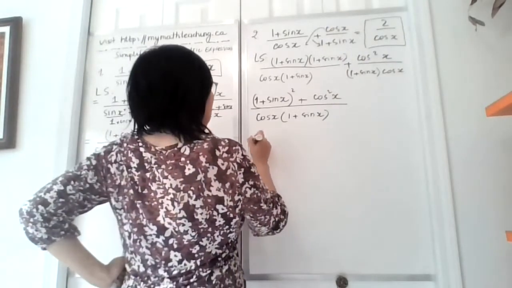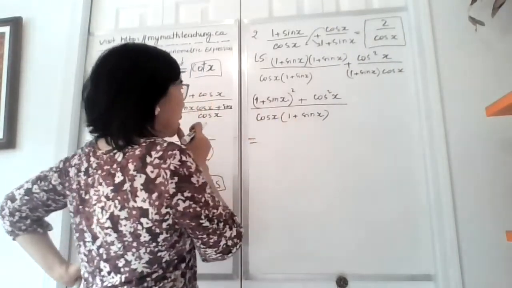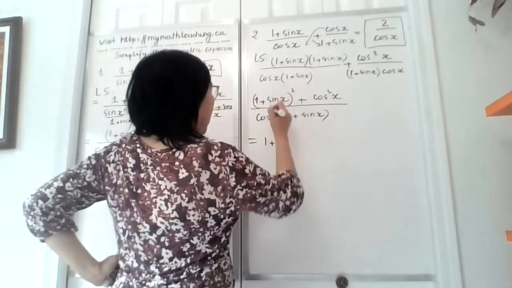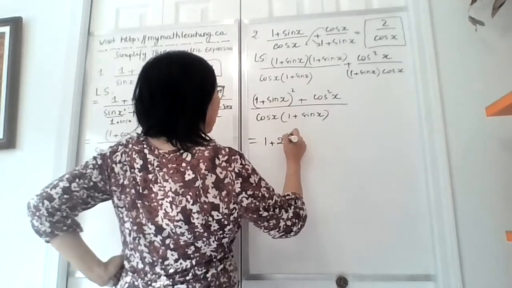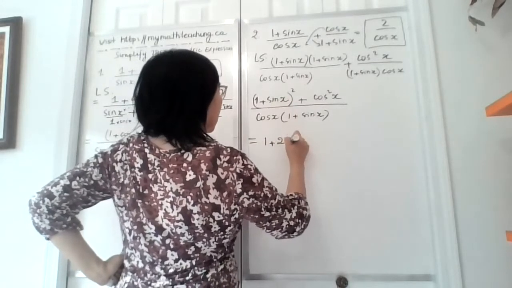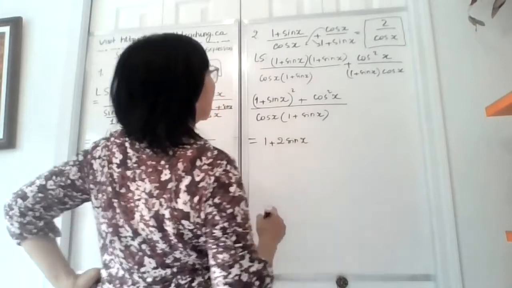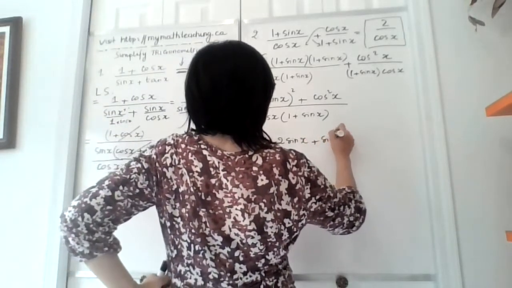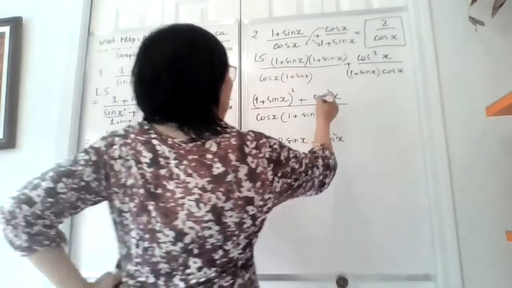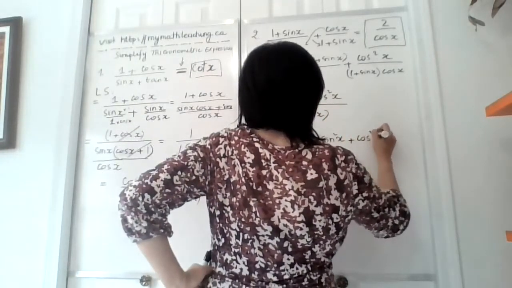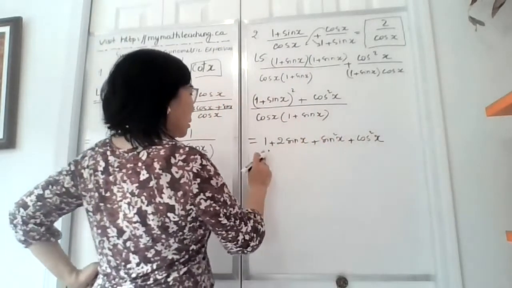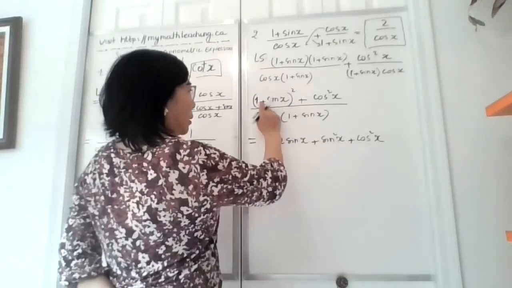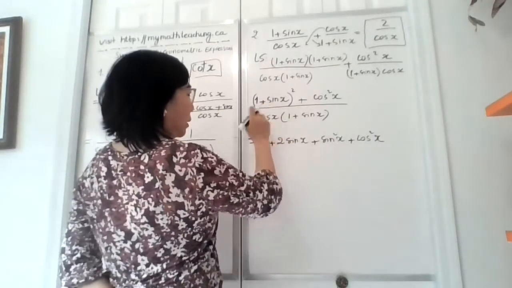What I'm going to do is expand this expression. So that will give me 1 square, adding 2 sine x, plus sine square x, plus cos square x. When I expand this, this is a quadratic expansion.